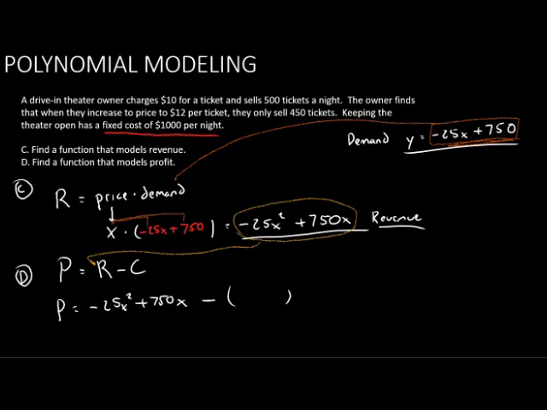Now, this $1,000 doesn't depend on how many tickets we sell. Our cost will be just exactly $1,000, so we'll place that in this parentheses. This means our profit function will now be negative 25x squared plus 750x minus 1,000. So we've used our demand function to find revenue and use revenue and cost to find profit. Now that we have a profit function, we can move on to our next step and use that profit function to answer some more questions.